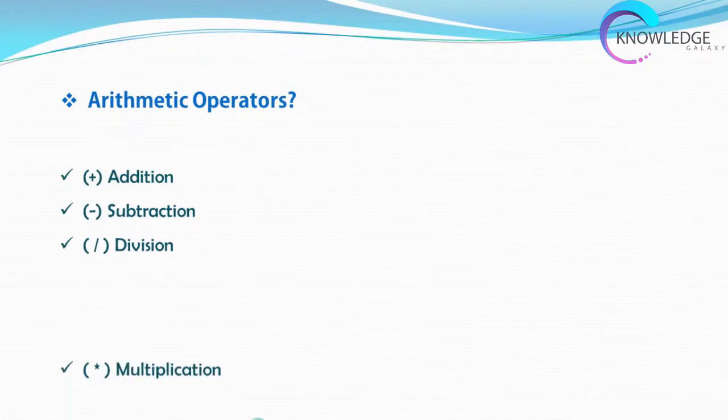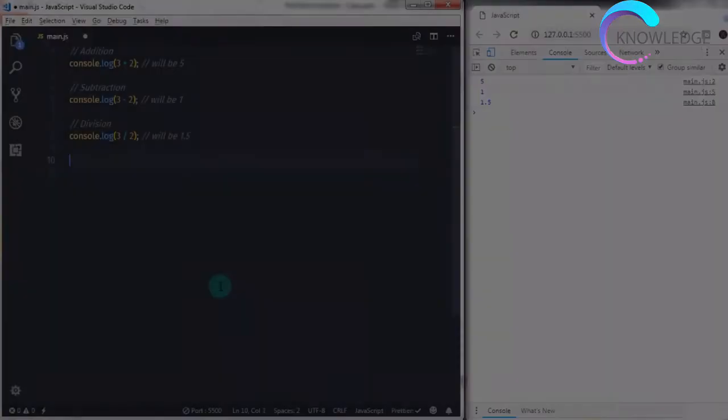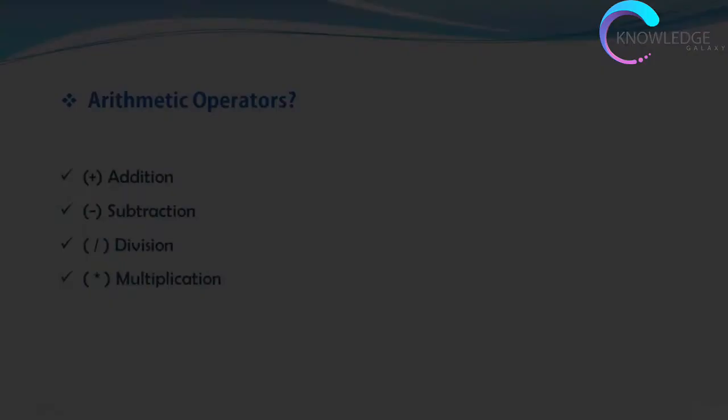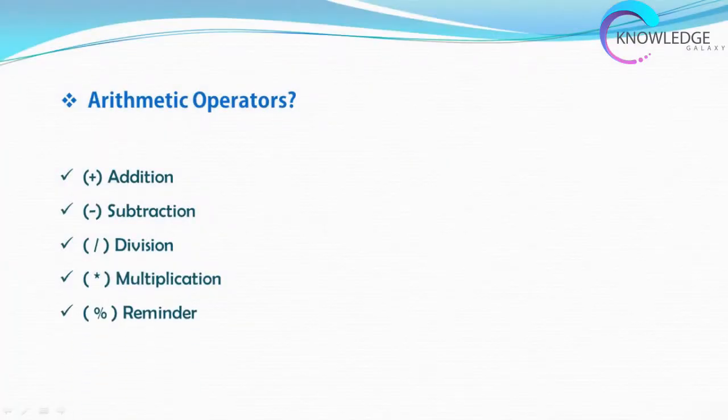Then the next one is multiplication. Multiplication is used to multiply two values. For example, 3 multiplied by 2. The result would be 6. This operator evaluates left to right. Next, remainder.